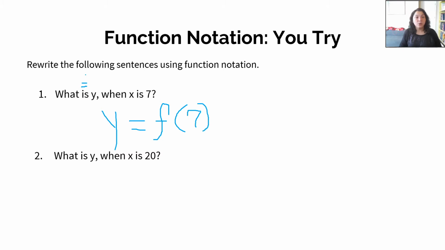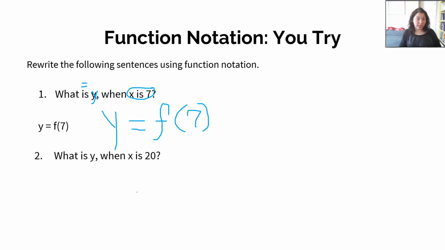So the way that we can write out this verbal statement into a mathematical statement, we flip it around a little and we say Y is, and then remember, this is our input, so we're switching out our X with a 7. And there it is. So what is Y when X is 20?